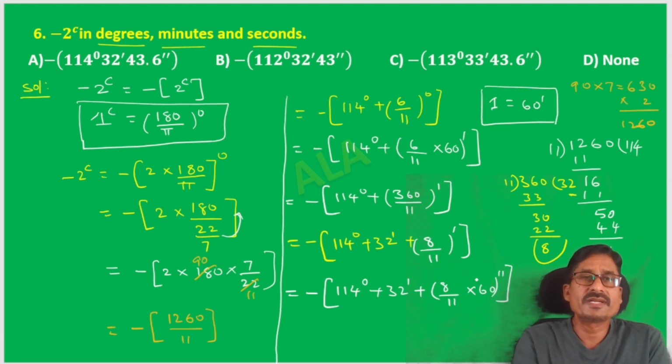So now 8 by 11 into 60 seconds, what do you write? That is equal to minus of 114 degrees plus 32 minutes plus 8 into 60 is 480, 480 by 11 seconds.